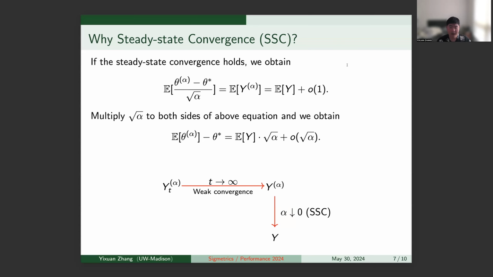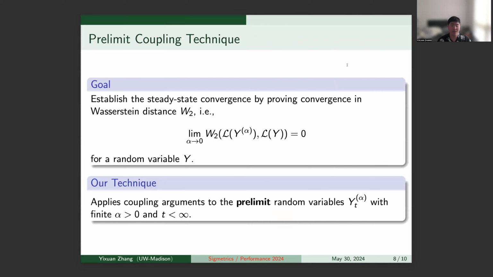Then we go to our Prelimit coupling technique, which applies coupling to the Prelimit random variables y t alpha with finite and potentially different step sizes alpha and different time steps t.